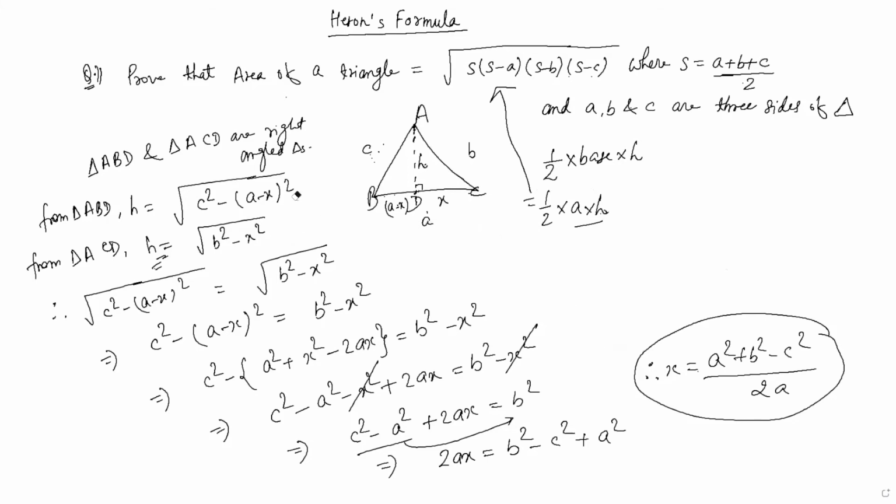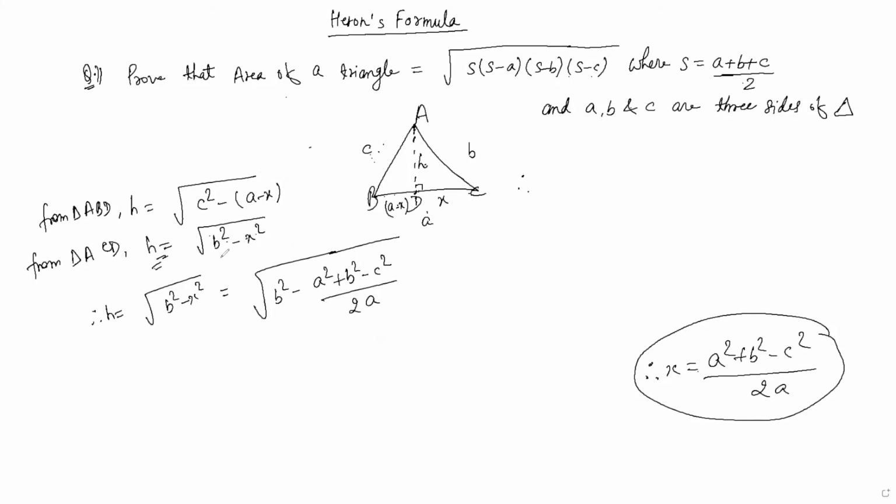So h equals under root b square minus x square. Hence we'll put the value of x equal to this one, so this will become something like this. Now this is in the form of a square minus b square, so we will say a square minus b square equals a minus b into a plus b.